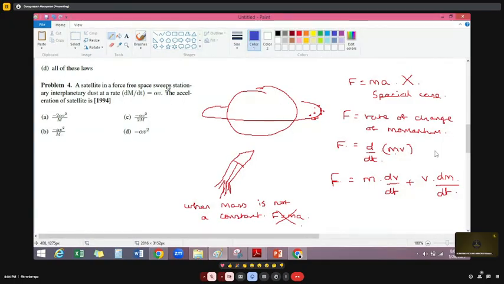So they said force-free space, okay? So that means there is no external force acting on the situation. So I can say this is 0. Acceleration of the satellite is what is asked. So that means m into dv by dt is the acceleration term. dm by dt, they gave as alpha into v.